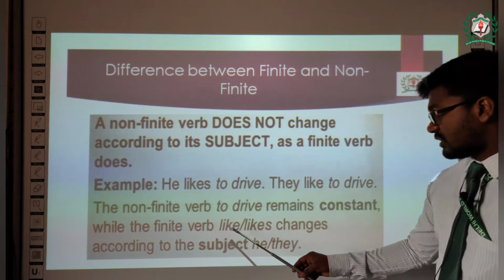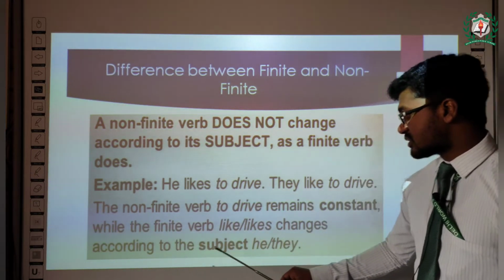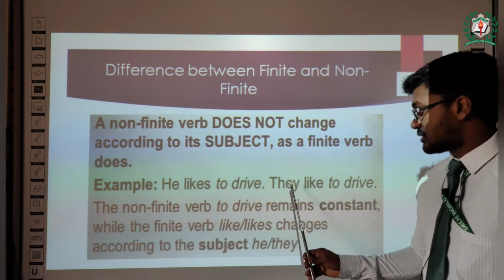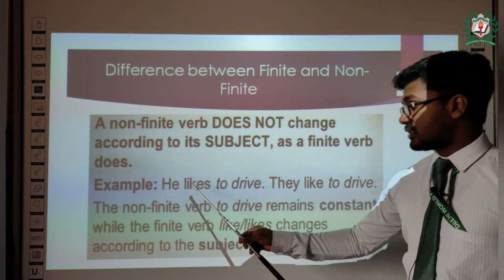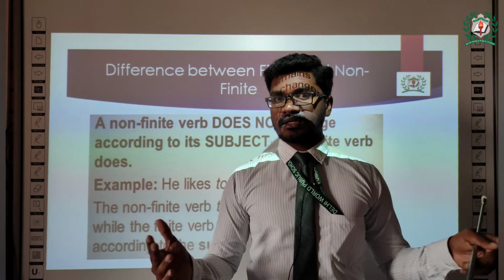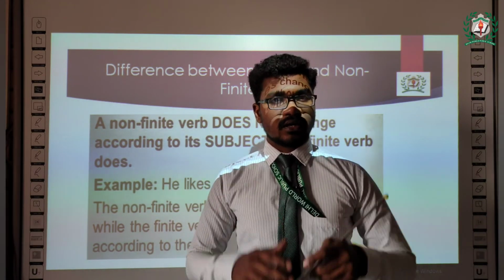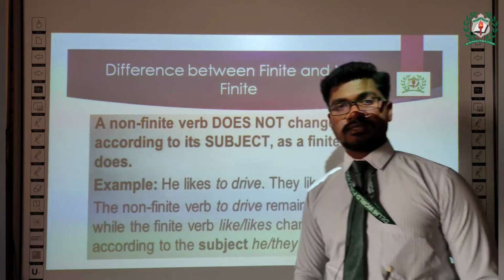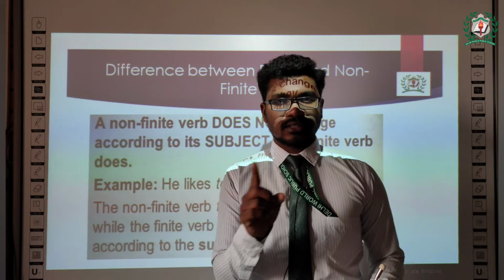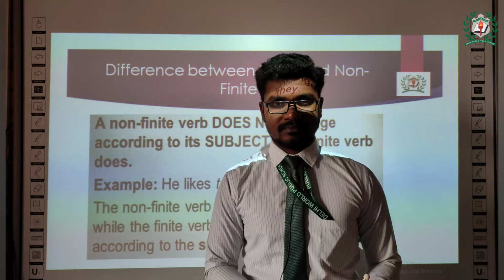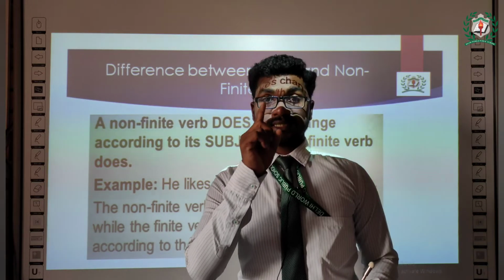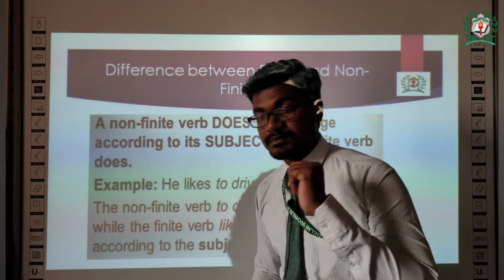While the finite verb like or likes changes according to the subject he or they. So when the subject changes, even the verb changes. You would have already seen about subject-verb agreement. That's what really happens. So, once again I am reminding you, non-finite does not change its verb. But finite verb does change according to the subject.